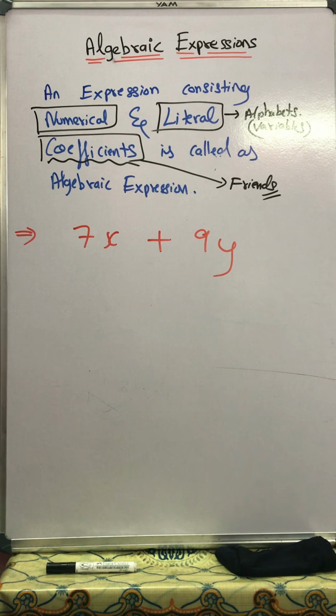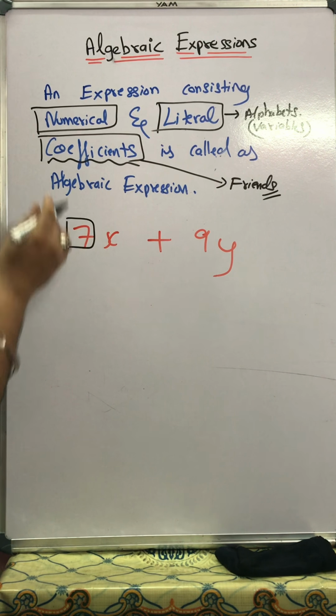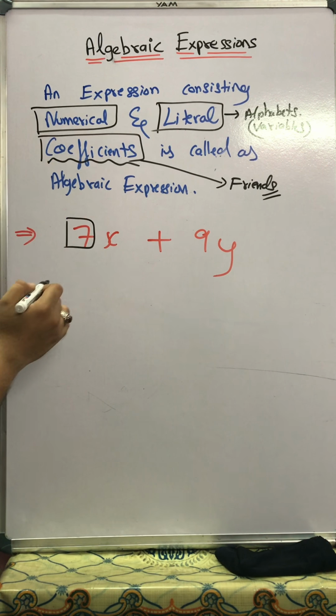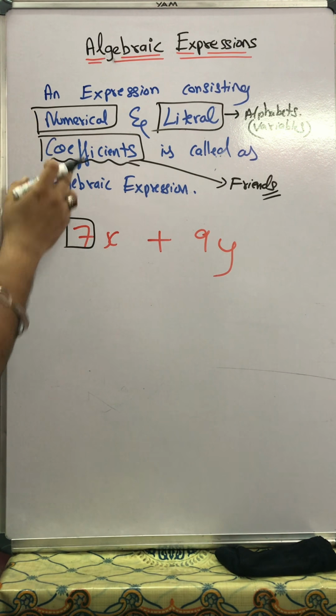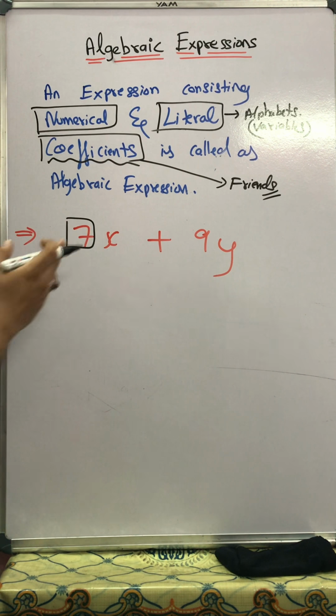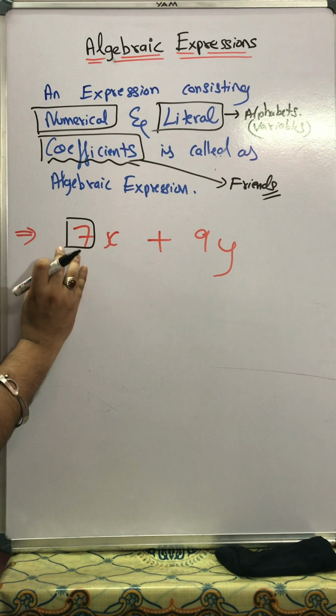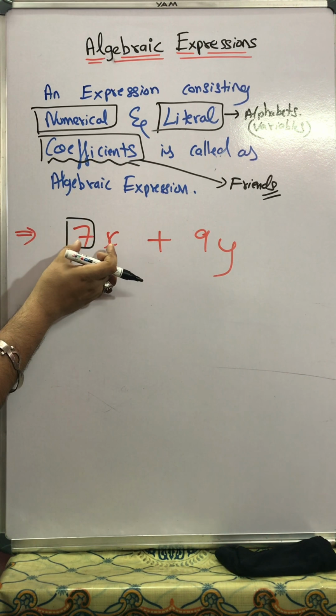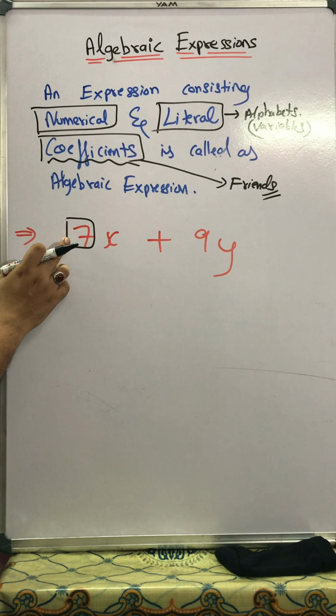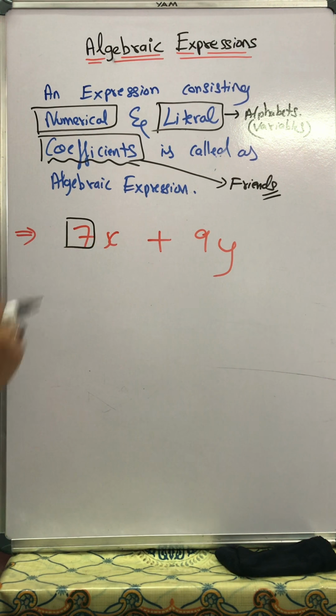Now students, pay attention please. Can I say, see on the board, that this 7 is a number? So it is a numerical coefficient. It's a numerical friend. Friend of whom? Friend of x, because 7 is associated with x. 7 is very close to x. So 7 will be called a coefficient of x.